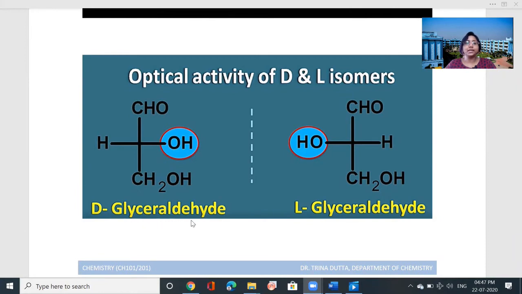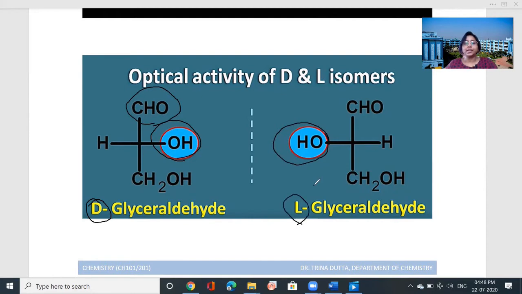One is D-glyceraldehyde. We have kept the aldehyde group at the top, as per the rules, and then the OH group at the right side. So this is D-glyceraldehyde. And here the OH group is at the left side, so it is L-glyceraldehyde.